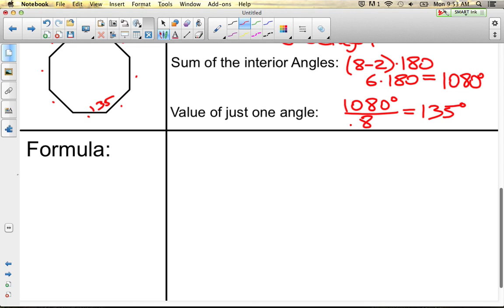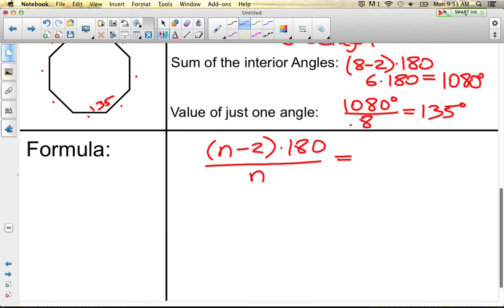So if we take the formula for any polygon to find the interior angles, which is n minus 2 times 180, n minus 2 times 180 gives us the sum of the interior angles. Well, if you just want only one, you divide by n.